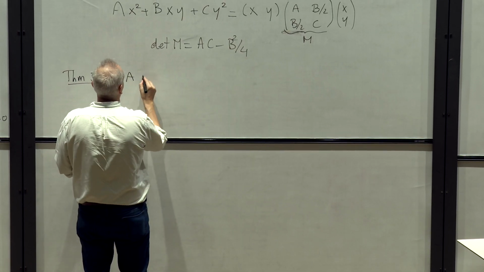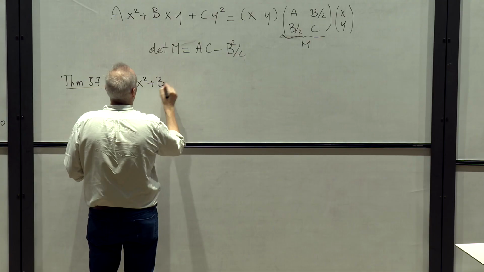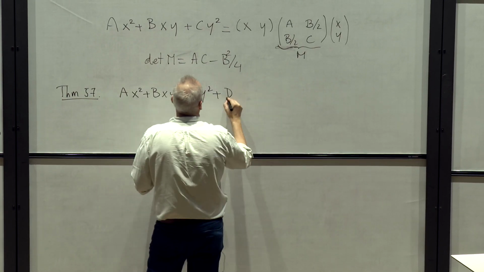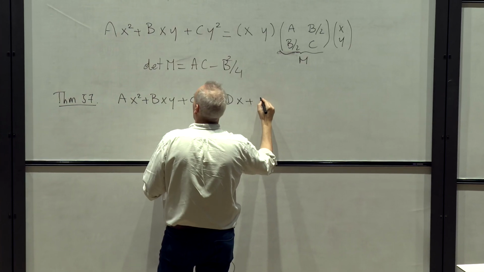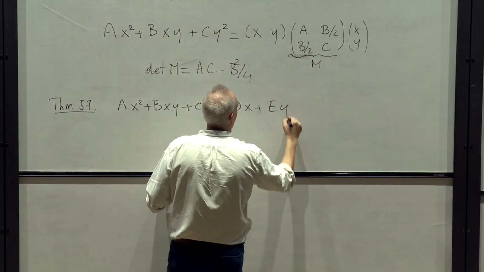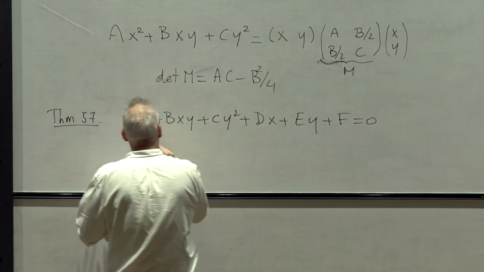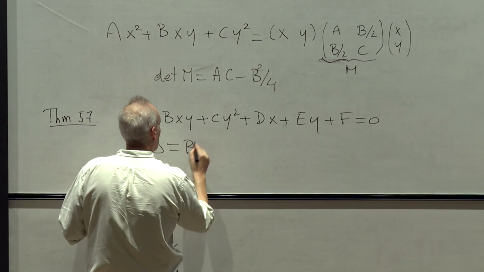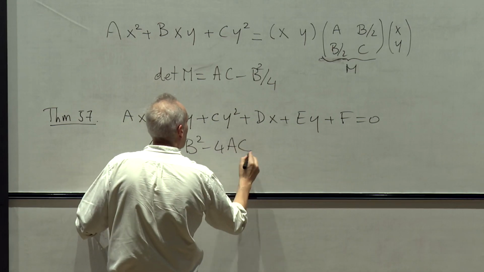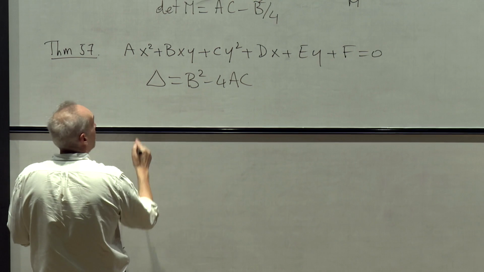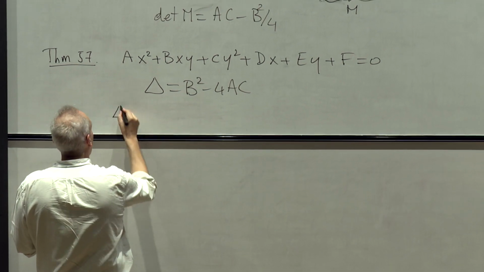That if I take ax squared plus bxy plus cy squared plus dx plus ey plus f equals 0, and I compute delta equals b squared minus 4ac, then in full generality I have the following cases.